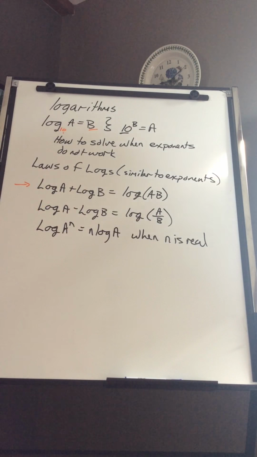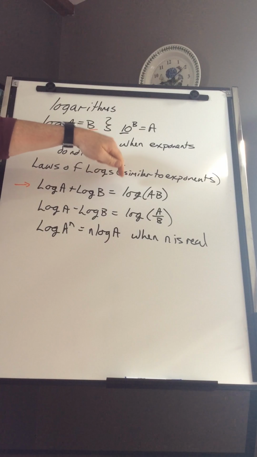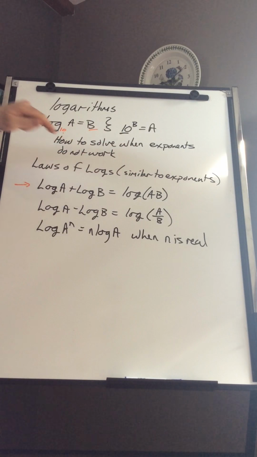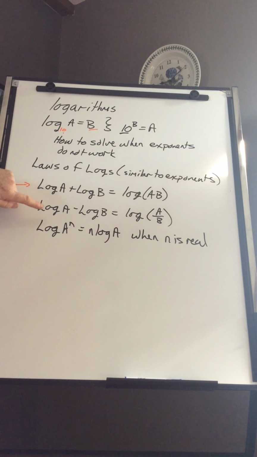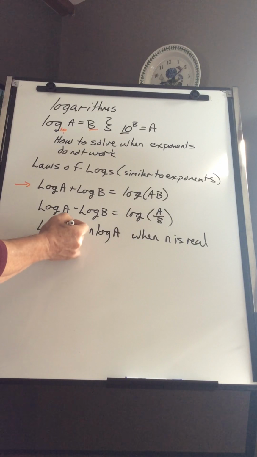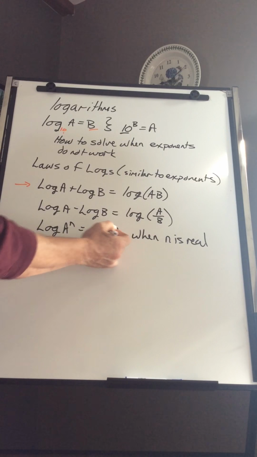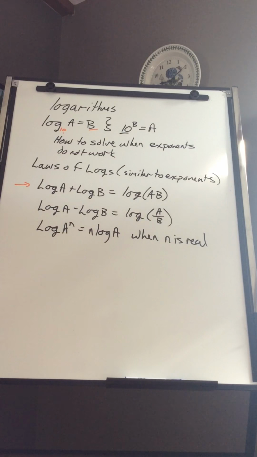The first law: log a plus log b equals log a times b. And log a minus log b equals log a over b. And this final one: log a to the power n equals n times log a, when a is real.